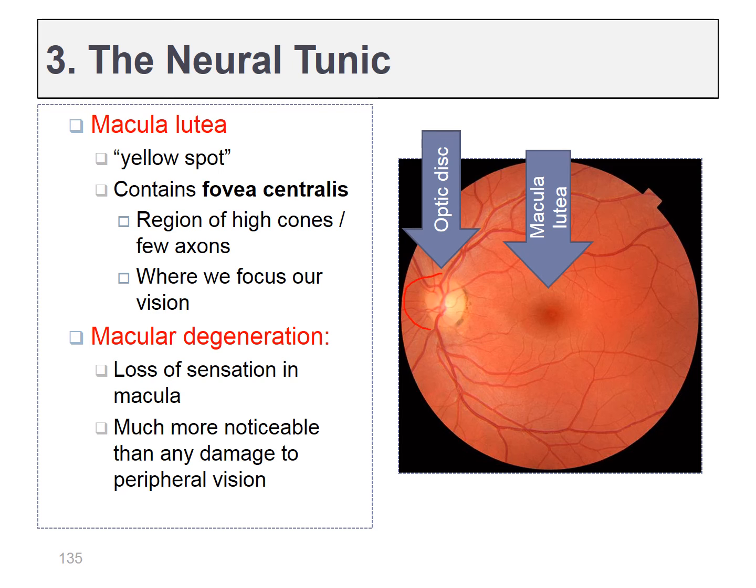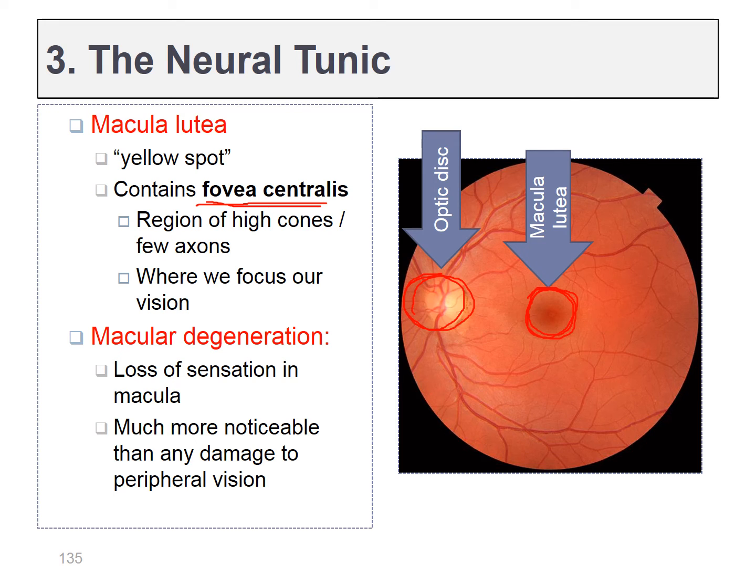So if the blind spot represents where we have no rods or cones, the macula lutea is a portion of the retina that's very important to vision. It's within here that we've got a structure called the fovea centralis. The fovea is a microscopic structure, whereas the macula lutea you could see by shining a light on the back of somebody's retina and just looking with your own eyes.